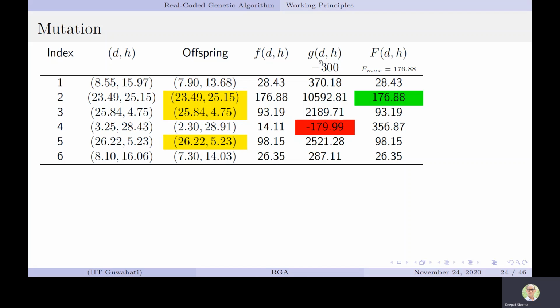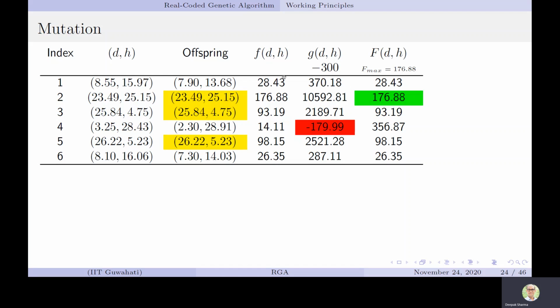Now thereafter, then we have to find, is there an infeasible solution? So we found solution number 4 is the infeasible solution. Now as we remember, for a feasible solution, the fitness is the same as the objective function, but for the infeasible solution, we have to find Fmax.